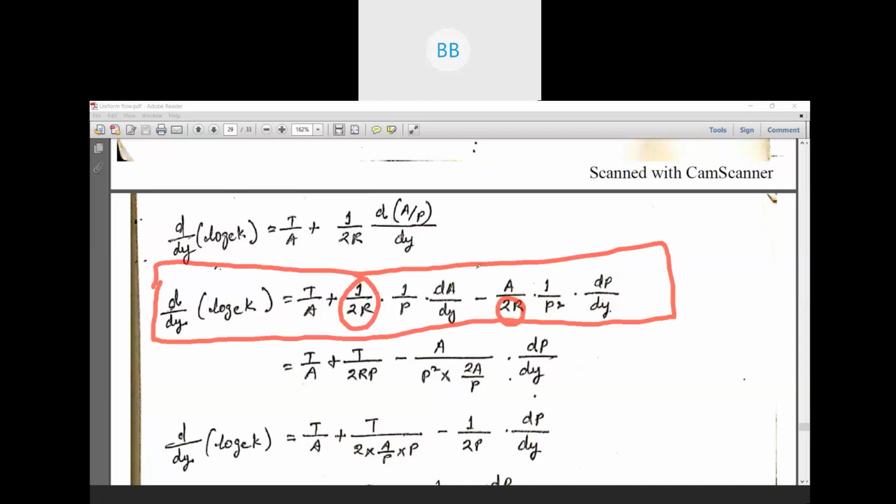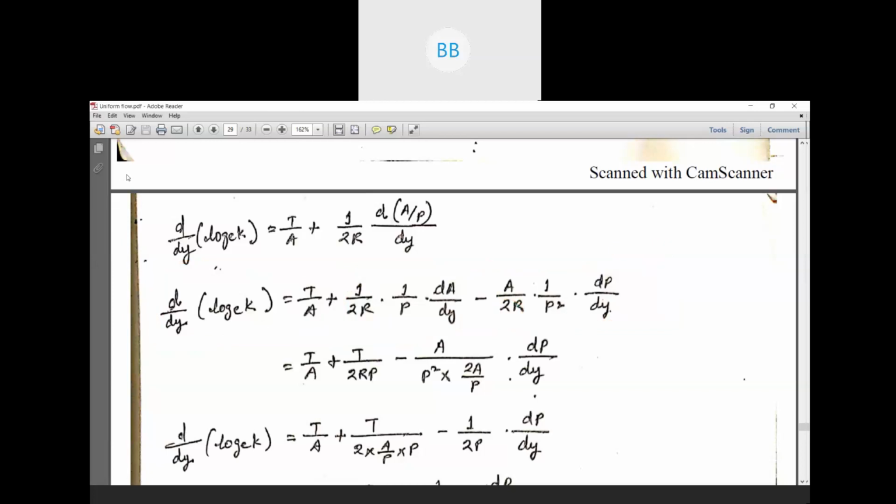So you will get this expression after differentiating A by P with respect to Y. Now P by A. Here again we have considered top width, that is why this is T. Then we have R into P, twice RP minus area.